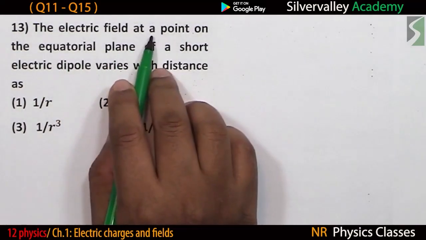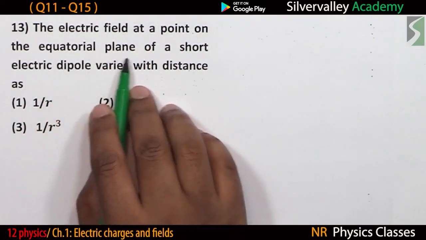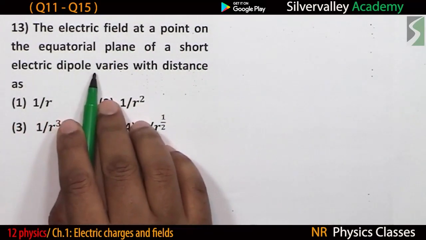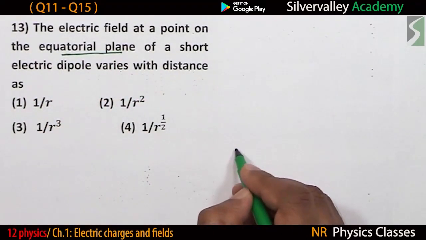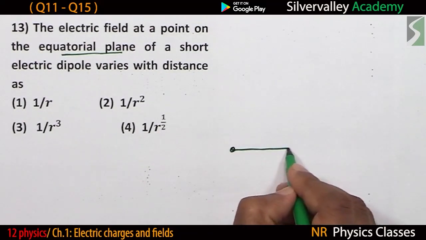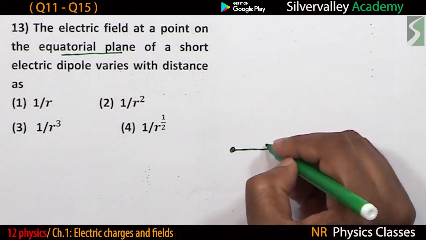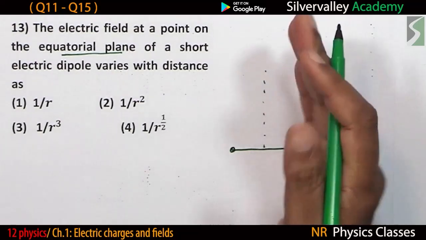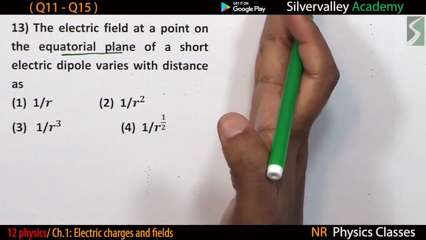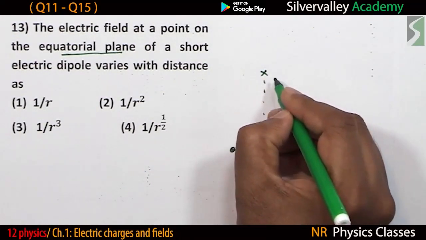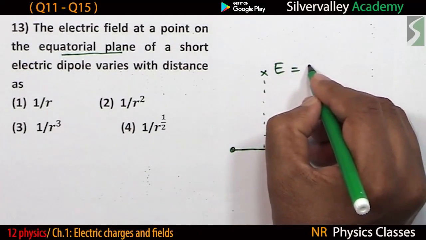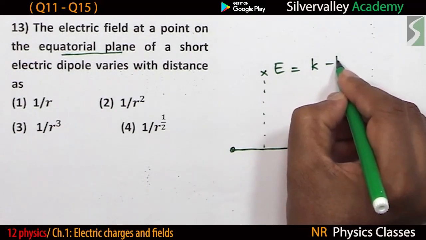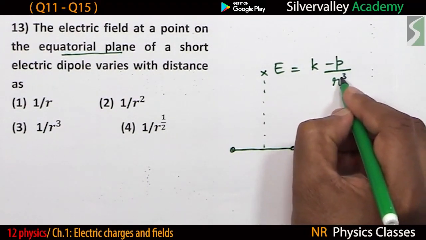The electric field at a point on the equatorial plane of a short electric dipole varies as what? So this is the dipole. This plane is the equatorial plane. Electric field at a point on the equatorial plane is constant minus P by R cube.